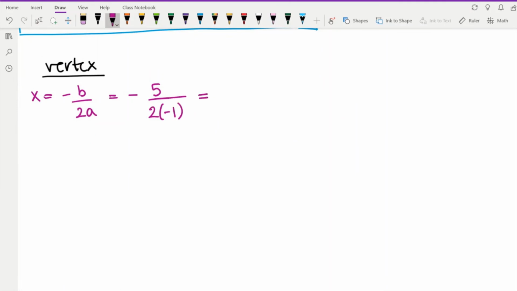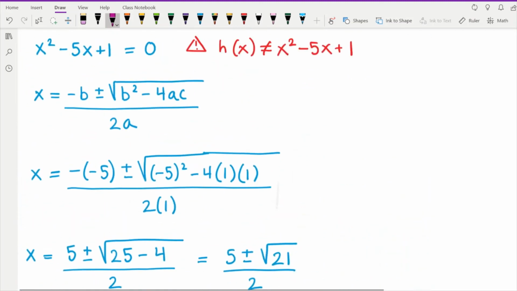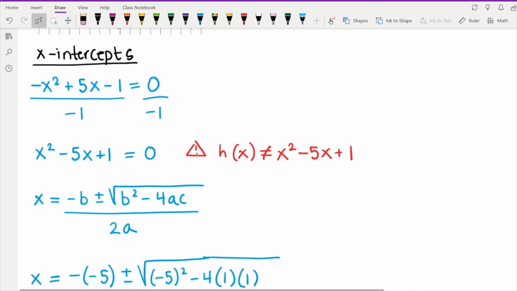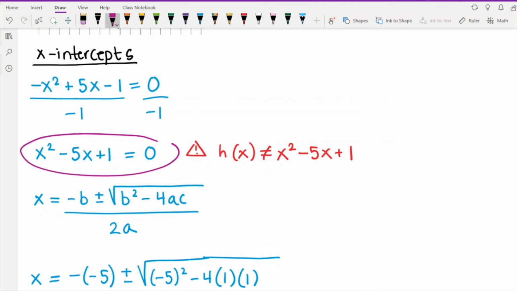And, to be honest, you would actually get the right answer for the x-coordinate if you used the simplified version that we had here, but you would get the wrong answer when you go to find the y-coordinate. So, just for consistency's sake, I want to make a distinction between the function and the equation. When you're solving an equation equal to 0, you can do simplifications.